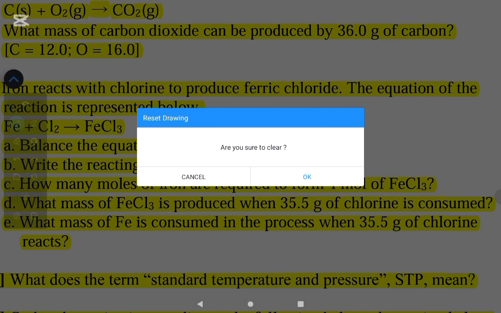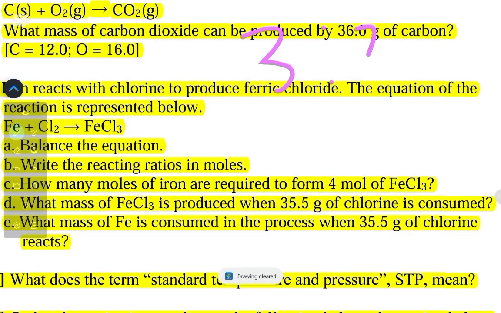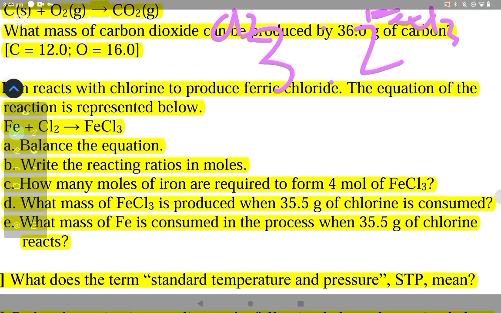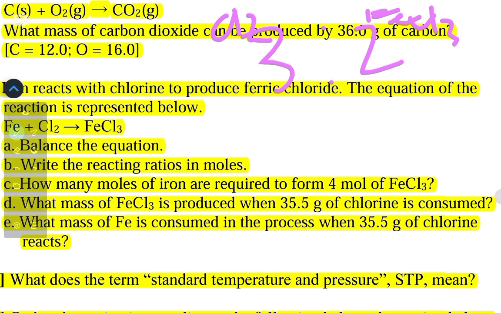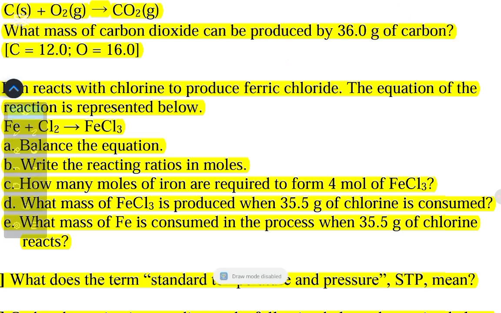Chlorine is Cl2 over here, and FeCl3, so 3 to 2. 3 moles of chlorine will have Cl, chlorine. What is the molar mass of chlorine? One second.